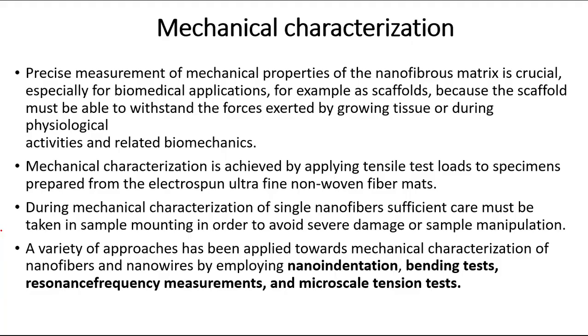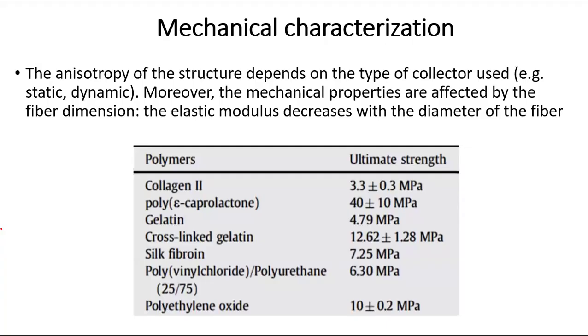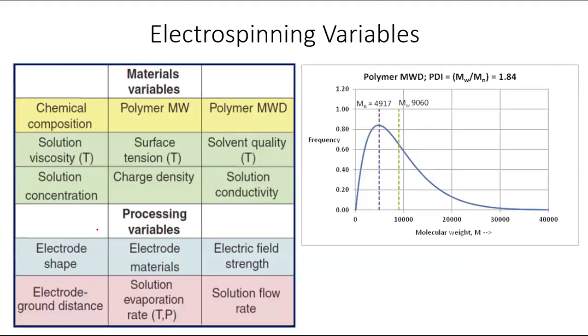So these are the specific analytical methodologies that we can use to mechanically characterize the nanofiber. Right, so these are some of the results that were obtained by mechanical characterization of specific nanofibers.